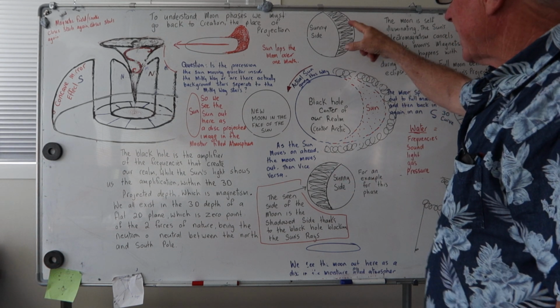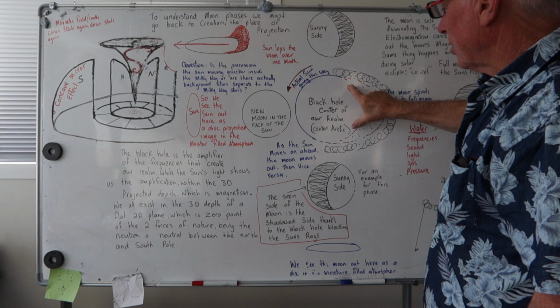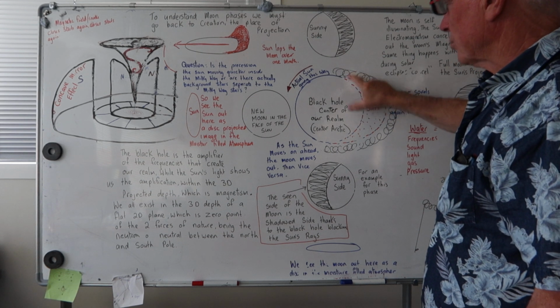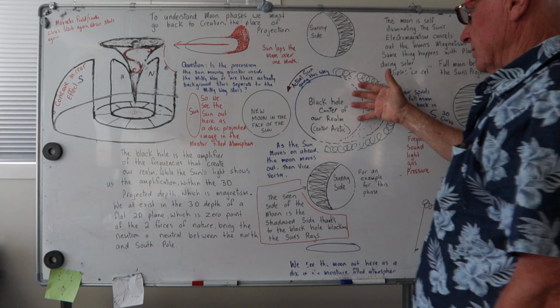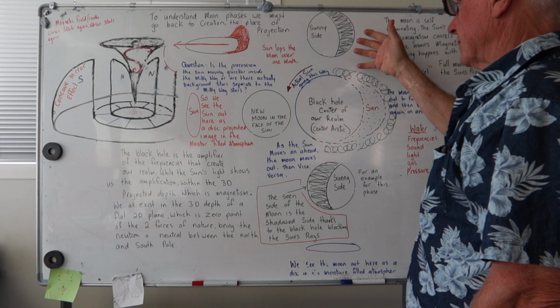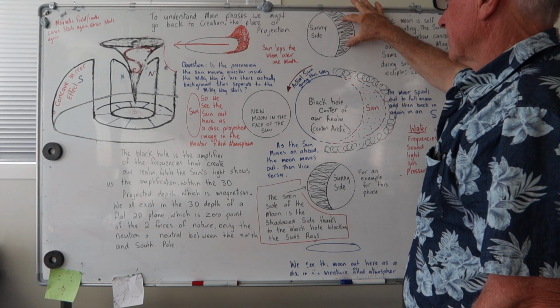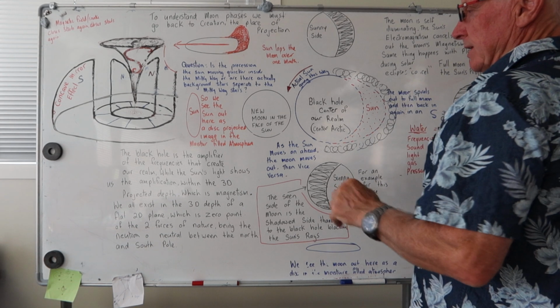Self-illuminating. And this is the side that's shown up because it's the shadow. I call it the shadow of the sun because it's via the black hole. So the black hole is creating a shadow of the sun onto here. The shadow. That's the sunny side, okay? Just like down here on Earth actually.